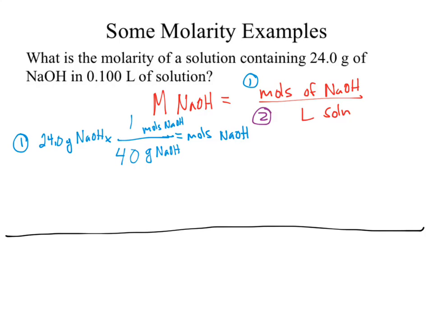But our answer is moles over liters. So what we need to do is figure out the liters of NaOH in our liters of solution. Okay, so what's our answer need to be as far as units? It needs to be liters of our solution.